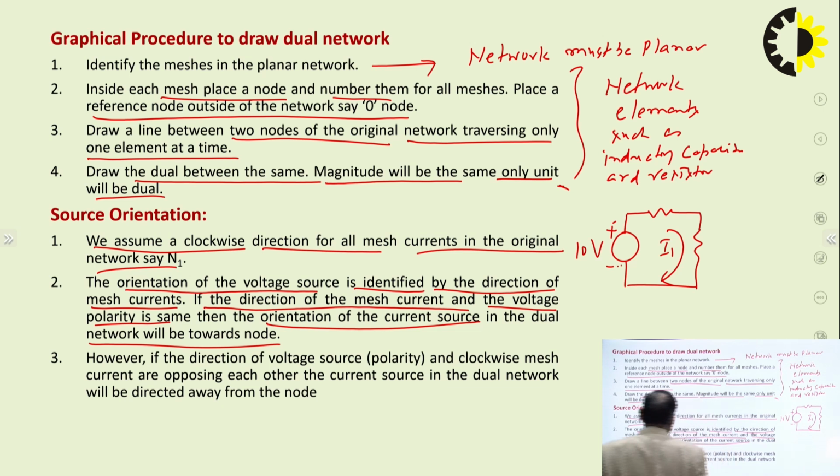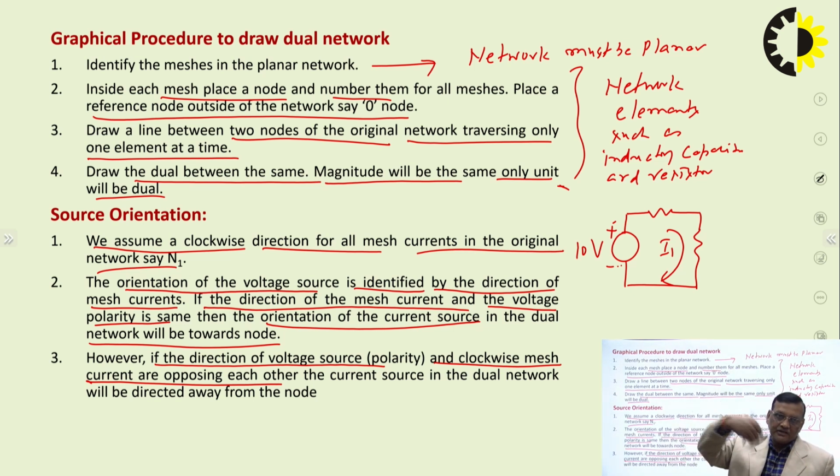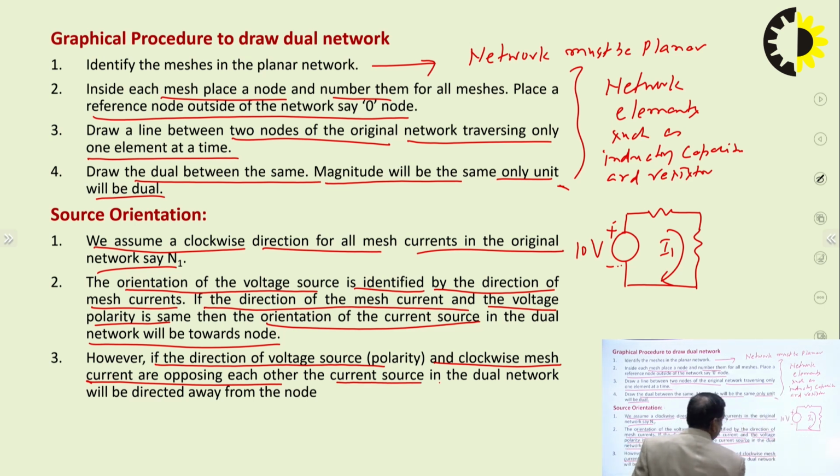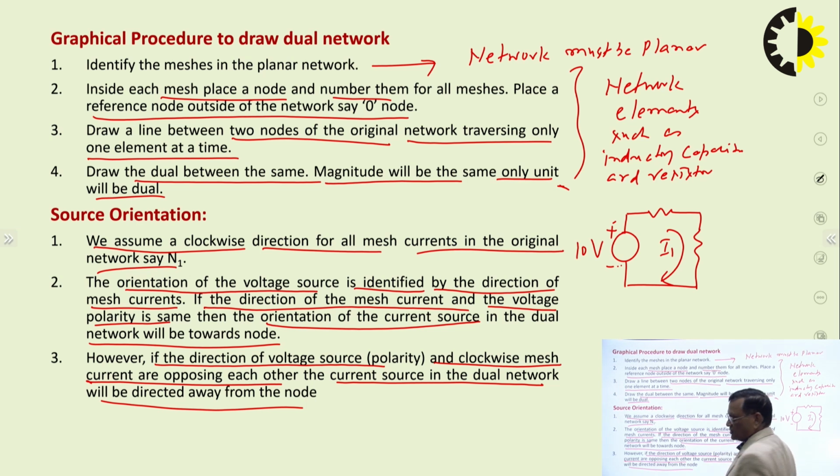However, if the polarity of the voltage source and the clockwise mesh current are opposing each other, meaning the current is entering the positive terminal and leaving the negative terminal, it is opposing the polarity of the given voltage source. In that case, the current source in the dual network will be directed away from the node. So, these are some rules, some procedures for how we draw the dual of a given network.